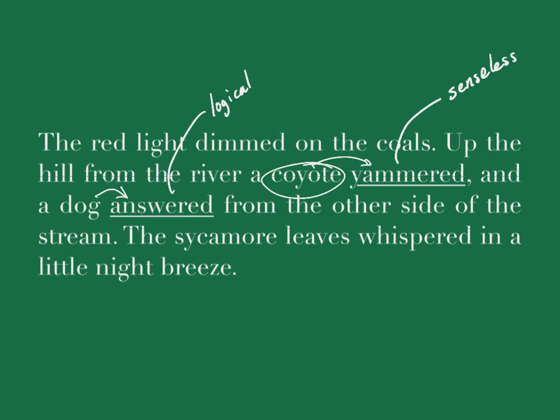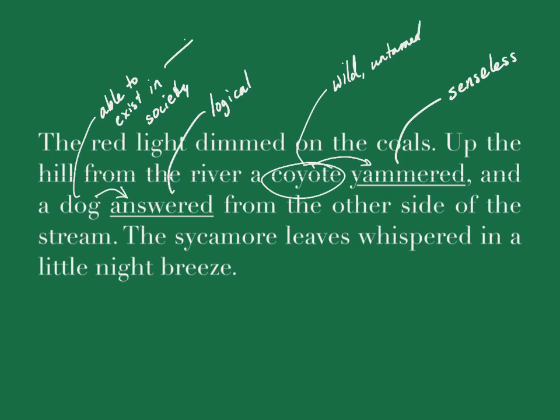Well, a coyote is wild, untamed, and a dog is able to exist in society. Well, this would obviously be George, and that would obviously be Lennie, because Lennie could not survive in society by himself. He doesn't understand the rules.